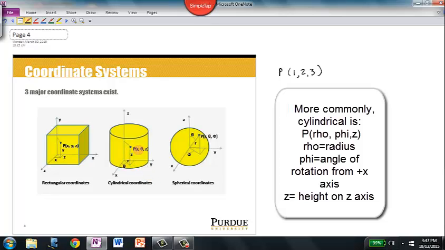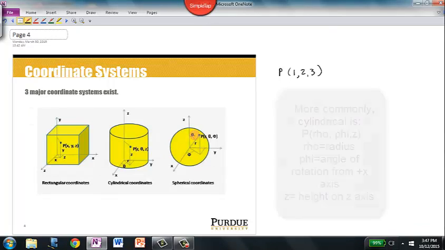Note that r and z are both length measurements, and theta is not. In this coordinate system, theta is measured in either degrees or radians since it's an angle, and it can range from 0 to 360 degrees.